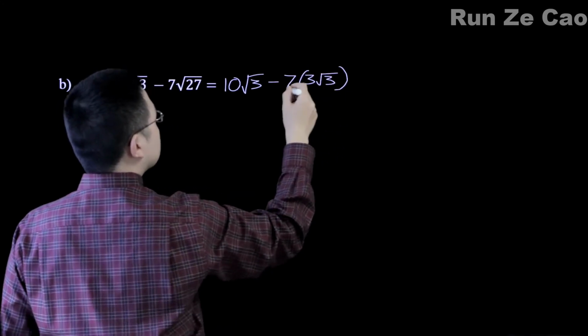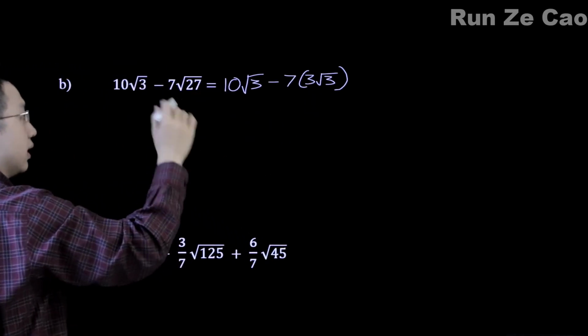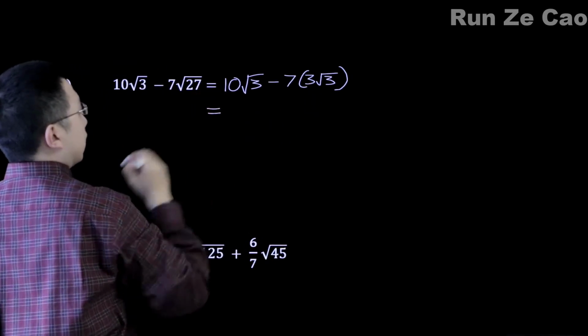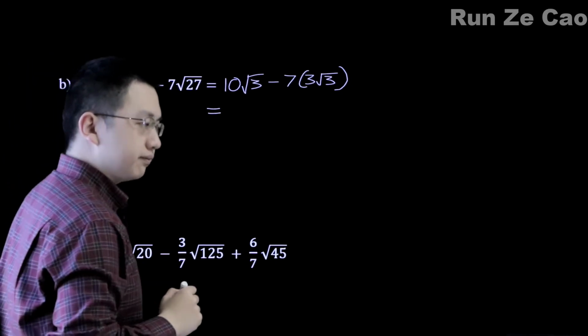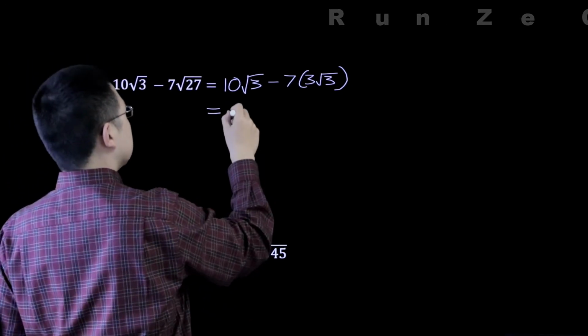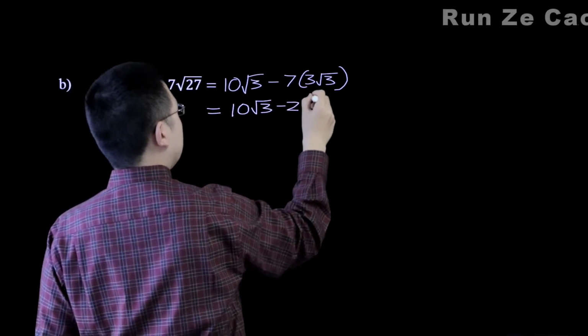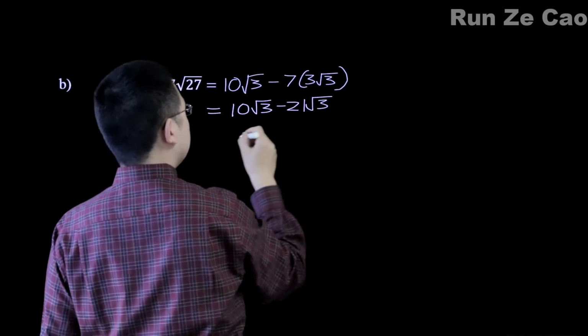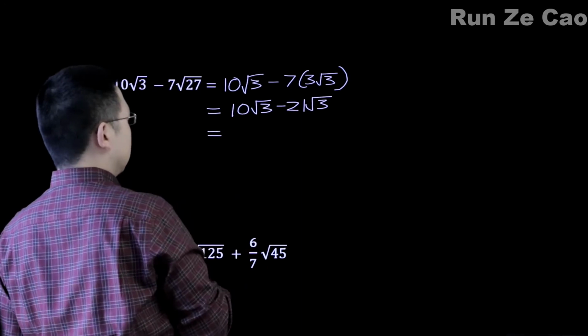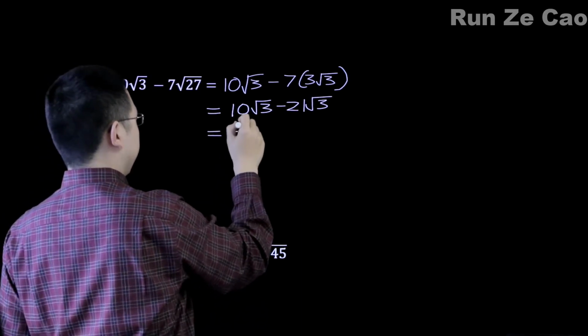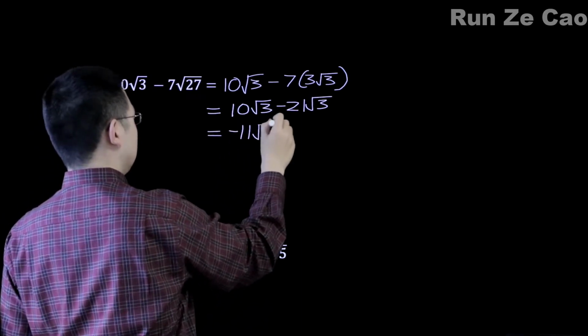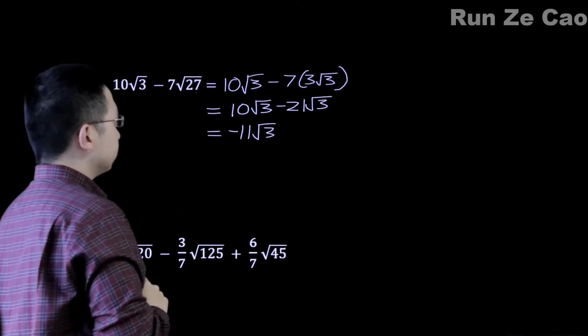Of course, you could probably get away with just writing 21 root 3, but we're being very, very cautious here. So 10 root 3 minus 21 root 3 is equal to negative 11 root 3.